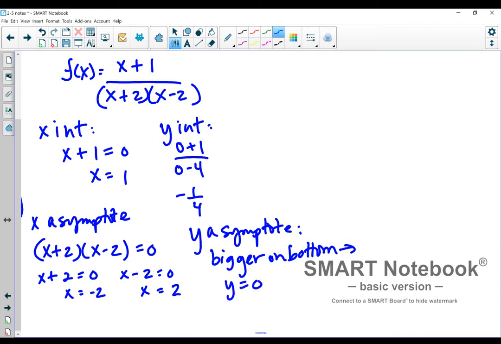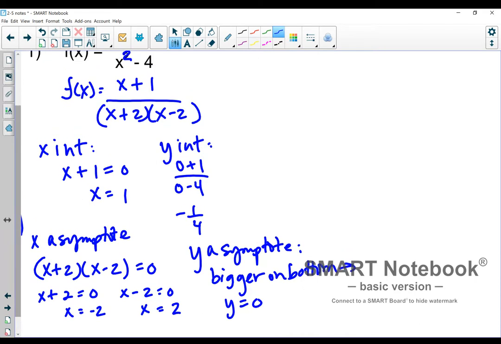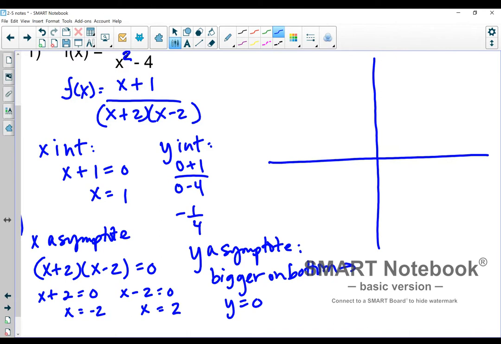So now I'm going to put all that info into my graph, and then we'll figure out how to connect it. I think I'm going to do everything in blue, and then I'll go back and do the graph in a different color. So let's do asymptotes first. I have an asymptote at -2 and an asymptote at +2, and a y asymptote at 0.